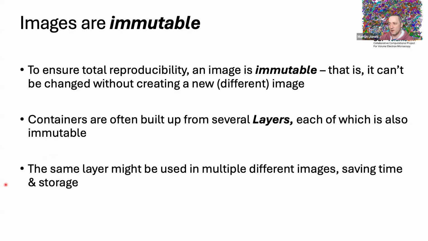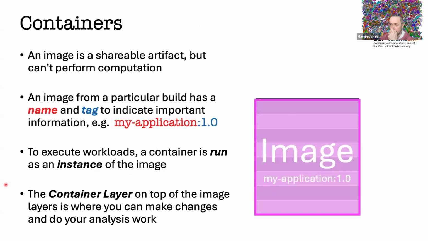So if I always install this particular Python library into this particular base installation, then I only need that once on my disk. I don't need to do that for every single container image that might want to use that software stack. Okay, so the container images are the shareable artifacts, but they don't perform computation. It's just like giving somebody a disk, like a CD-ROM.